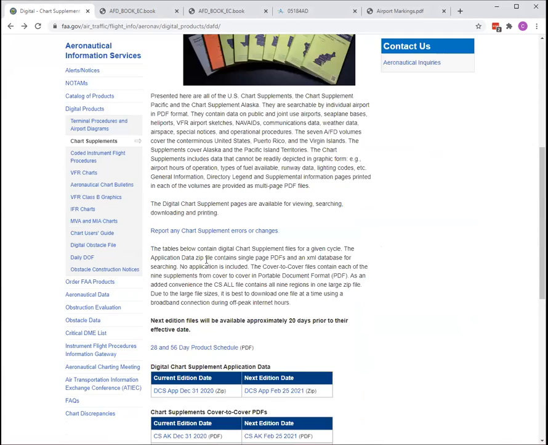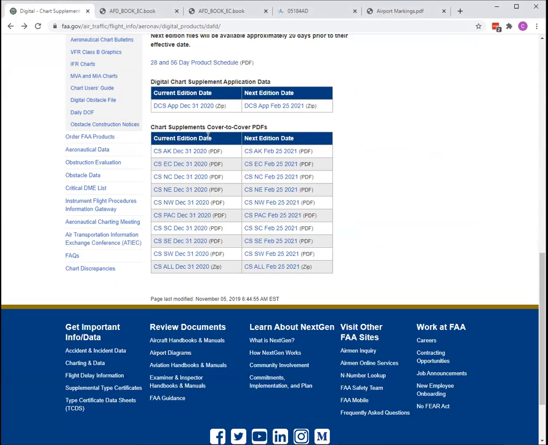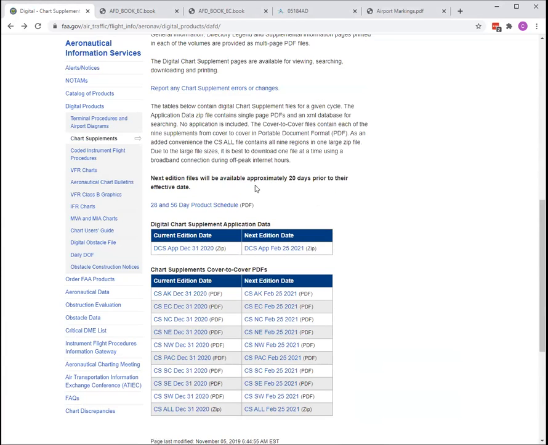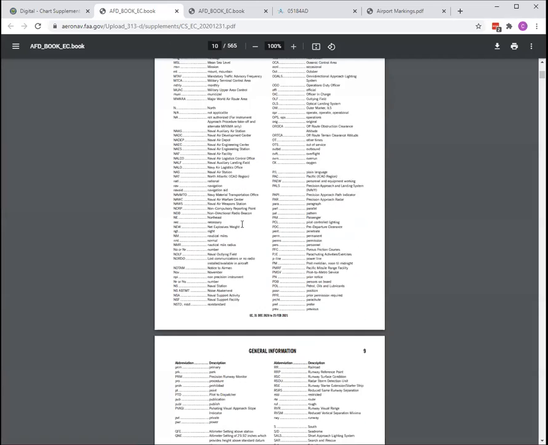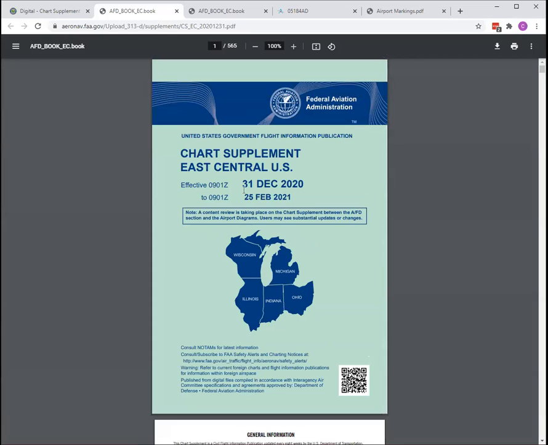In fact, the current edition is good till, let's see, they say on the cover, the 25th of February, 2021 at 0901 Zulu. So up until that point, this book is accurate.